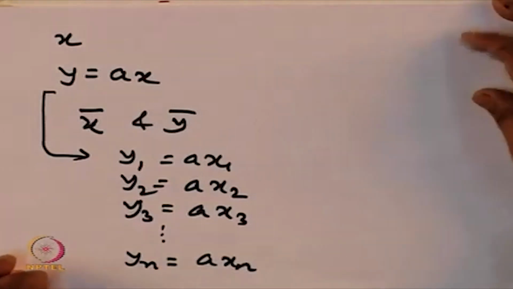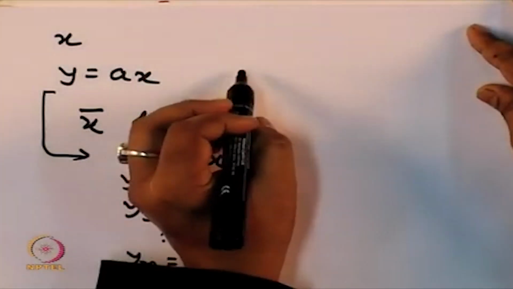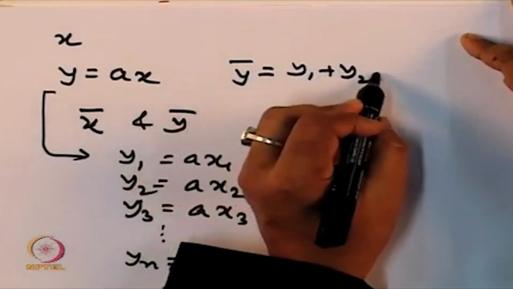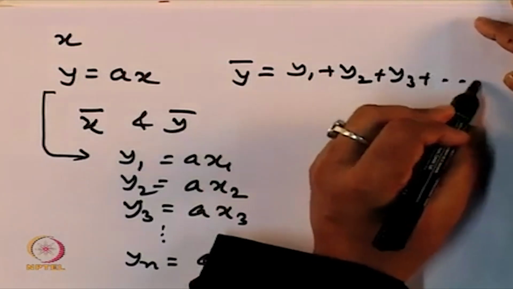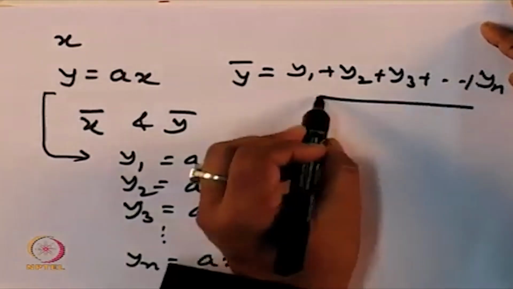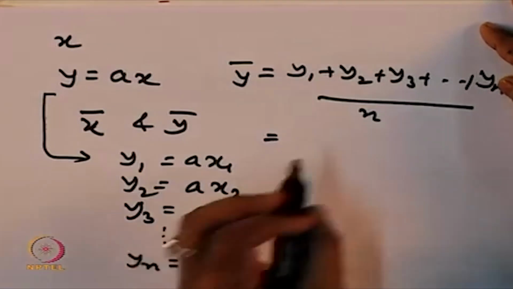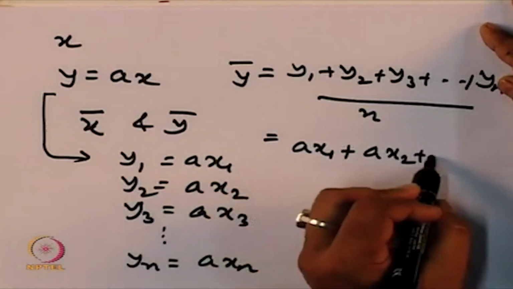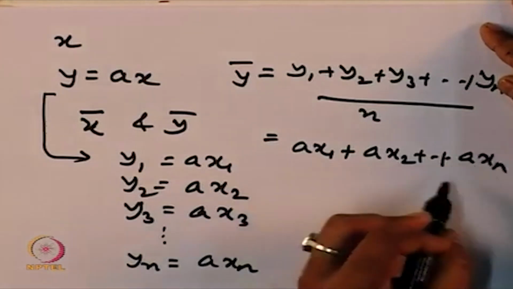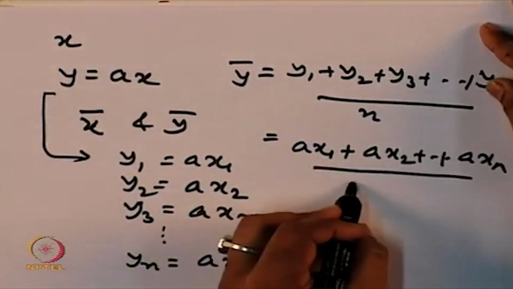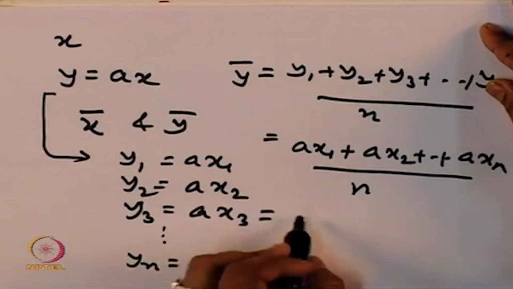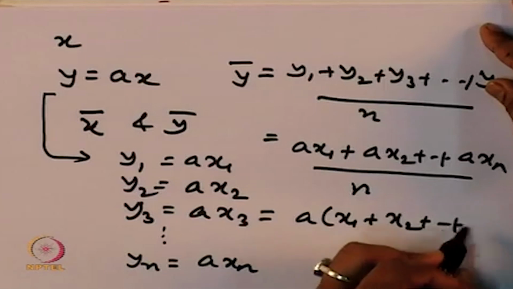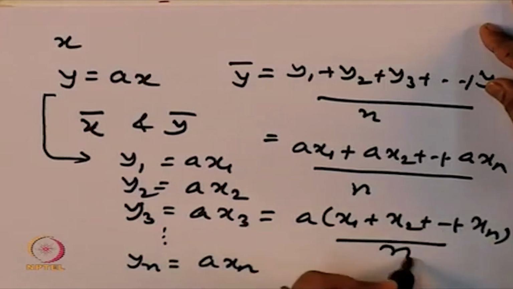Okay. So, then we can derive, what is my definition of y bar? Y bar has to be nothing but y1 plus y2 plus y3 up to yn by n. So, y1 is nothing but a x1 plus a x2 up to a xn by n. I can take a common, and it is x1 plus x2 up to xn by n.